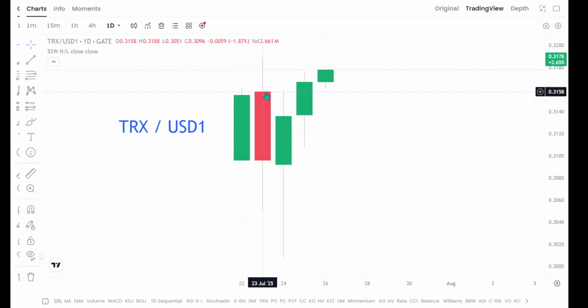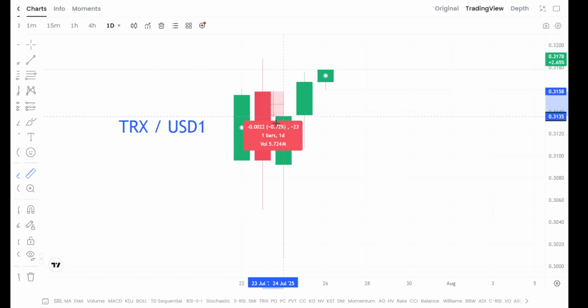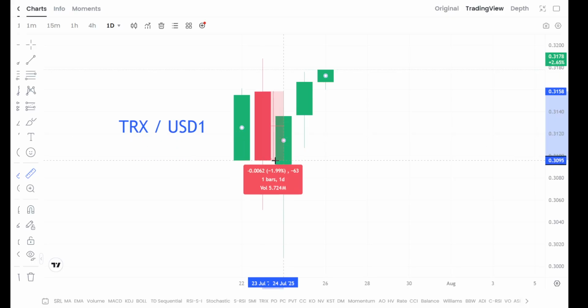Next, the market price went down, and market price of TRX was opened at this point. Market price went down and was closed at this point. So market price of TRX was open at 0.3158 USD1, and it has decreased to 0.3095 USD1.